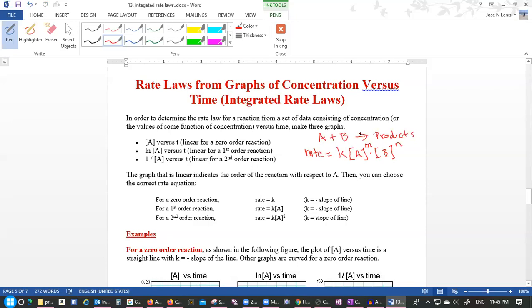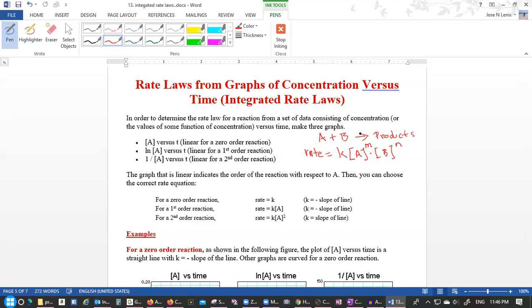I explained in the previous video the meaning of the order. It has two different meanings, two different pieces of information regarding how A and B work together to form products, and that will give us a hint later on to write reaction mechanisms. So far, let's figure out how to use these integrated rate laws that will help us to make predictions.